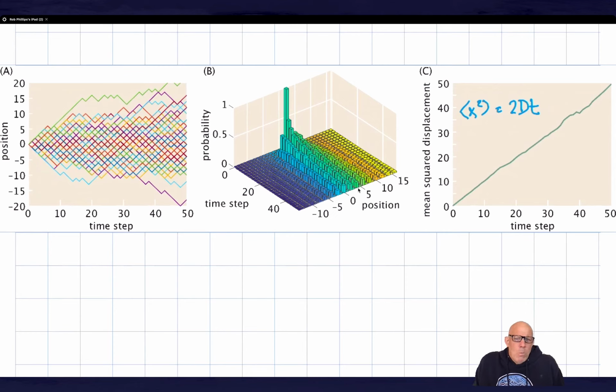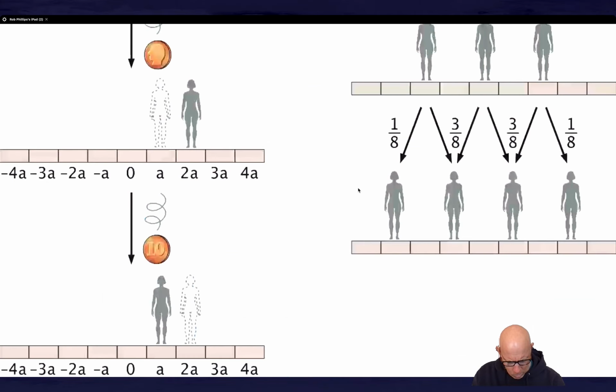And what I want you to appreciate is that we get this either out of doing a stochastic simulation and averaging over all the different realizations, or, as you'll see in a homework, we also find it by the simple statistics of the binomial distribution, because we know the probability of being at all of these positions as a function of time based strictly on the ideas that come from the binomial distribution. So I think those are the main points that I wanted to hit on for this analysis.